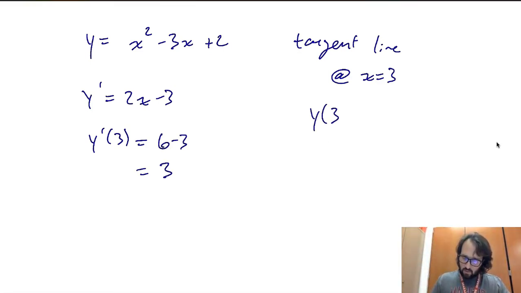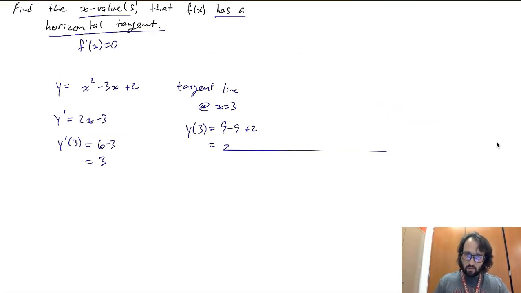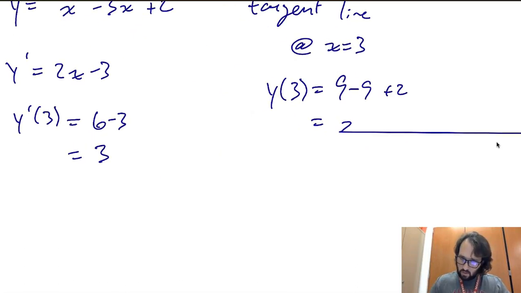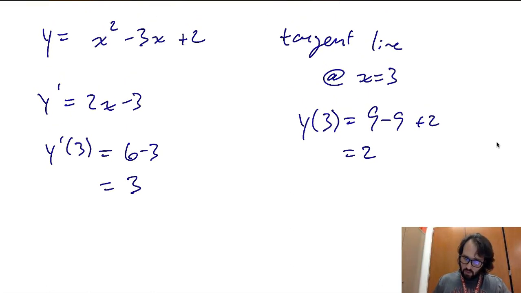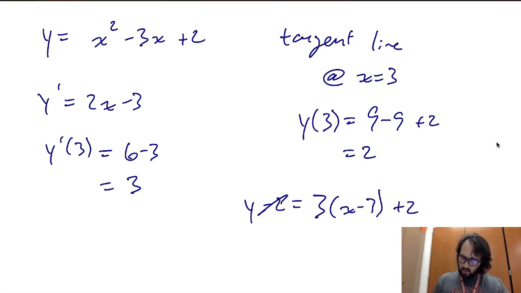Y of 3 is 9 minus 9 plus 2, so y of 3 is 2. Okay, so then my equation of the line would be y minus 2 equals 3 times x minus 3. To get the equation of the line in y-intercept form, I could add the 2.